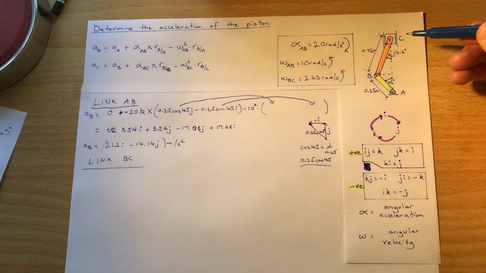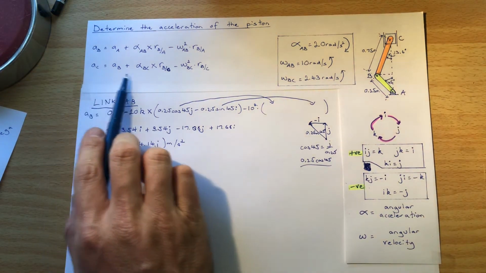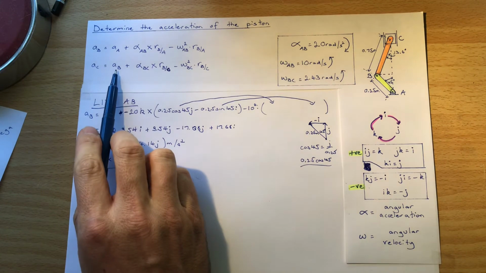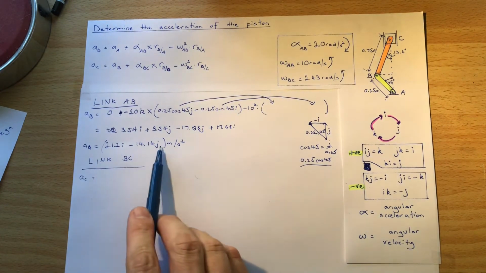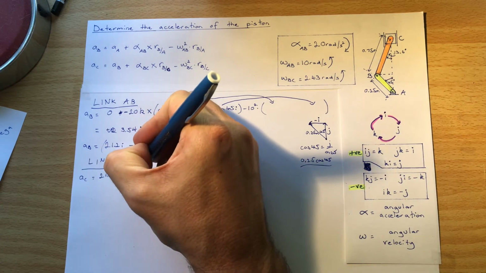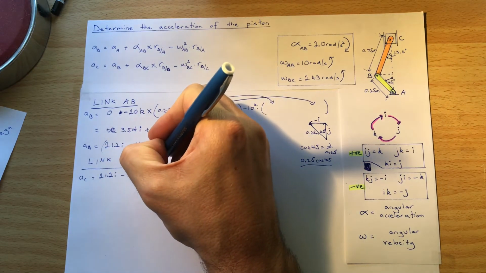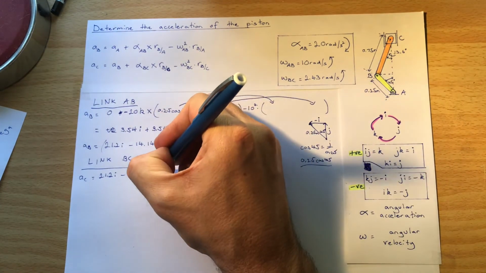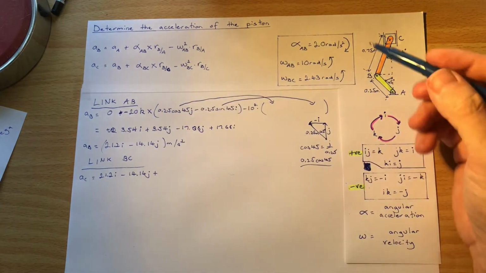Our orange link here. So we're using the formula up here. So we have AC equals acceleration at B, which we've just worked out, 21.2i minus 14.14j, plus our angular acceleration at BC, which we don't know yet.